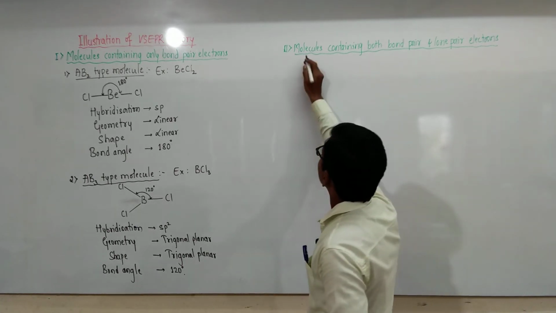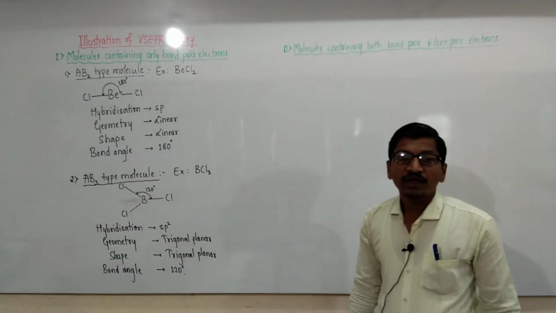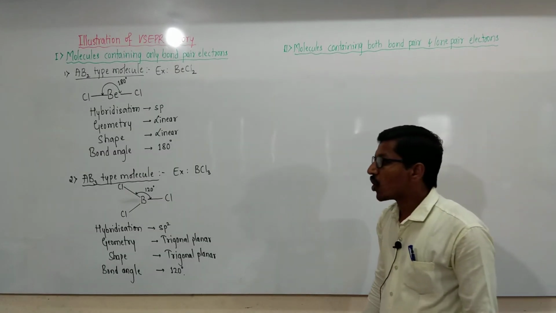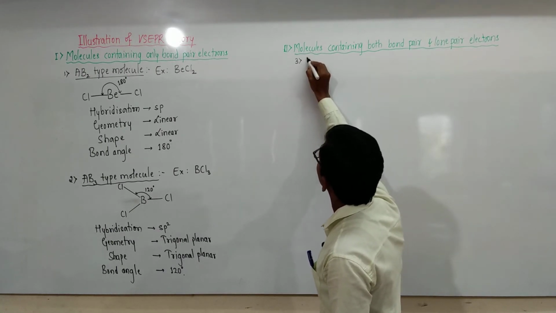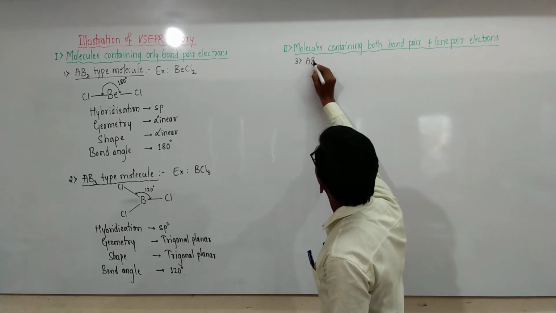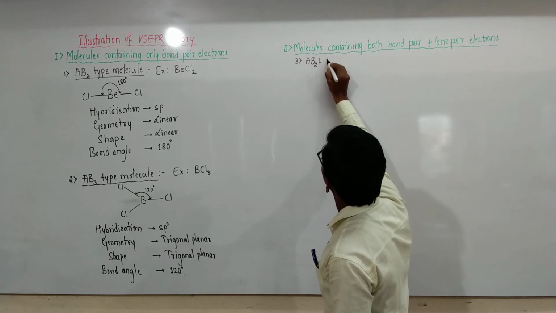Then among molecules containing both lone pair as well as bond pair electrons, the third type is AB2L type molecule.